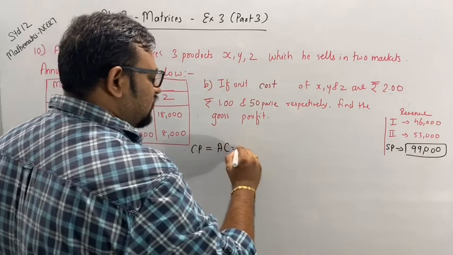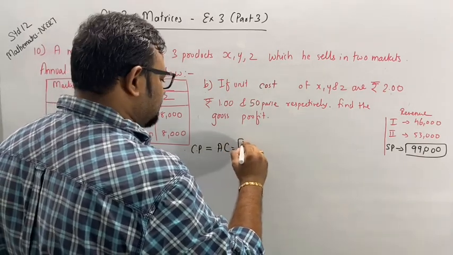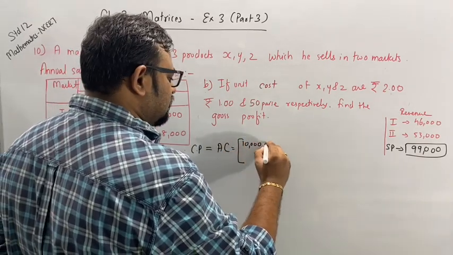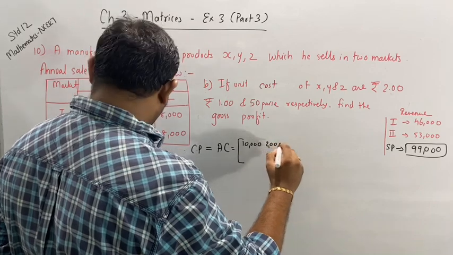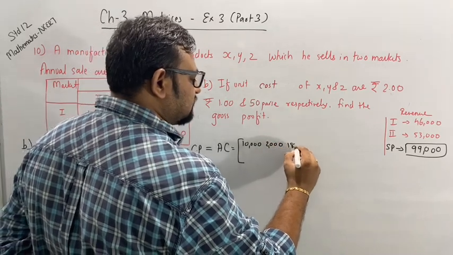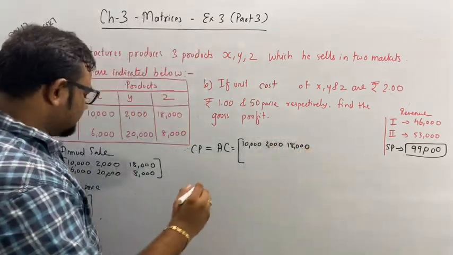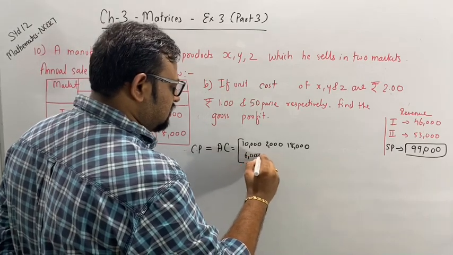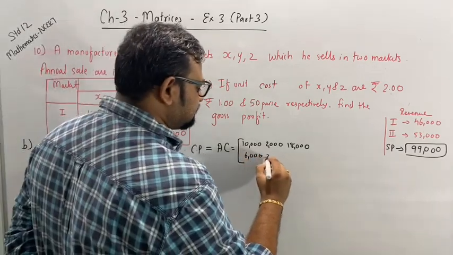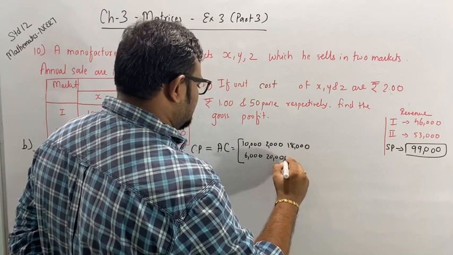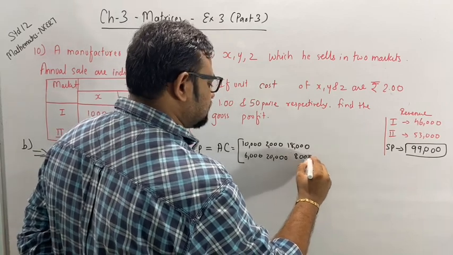So this will be equal to, what is A? 10,000, 2,000, 18,000, and 6,000, 20,000, and 8,000.